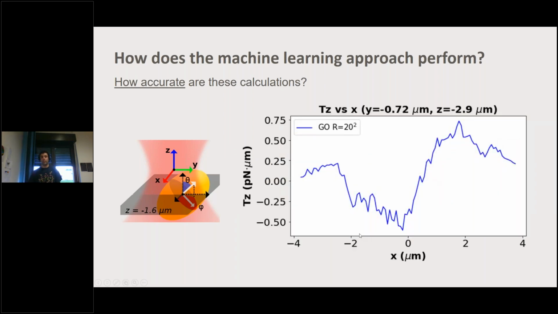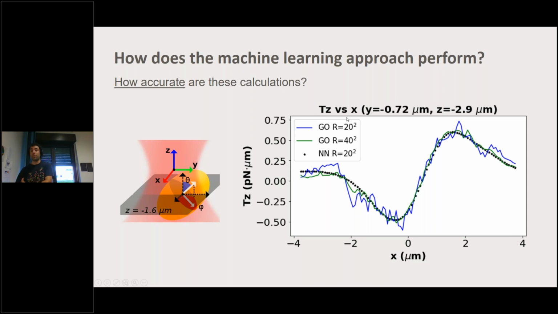And if instead of looking at the plane, we just look at a given section, we see how when geometrical optics is using 400 rays, the torque is very noisy. This is not random, but we have a lot of artifacts. If we increase the number of rays, the calculation becomes much smoother, even though it requires more time. But when the neural network is trained with the blue data, with the data with not so many rays, we can see how it clearly overcomes the initial quality of the training data.